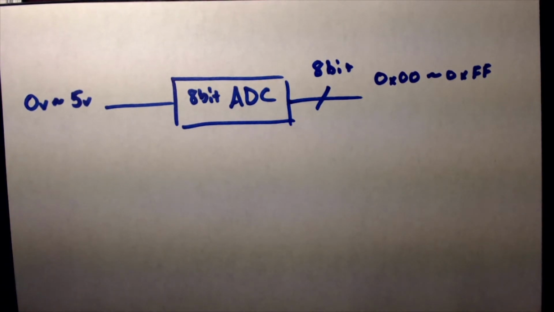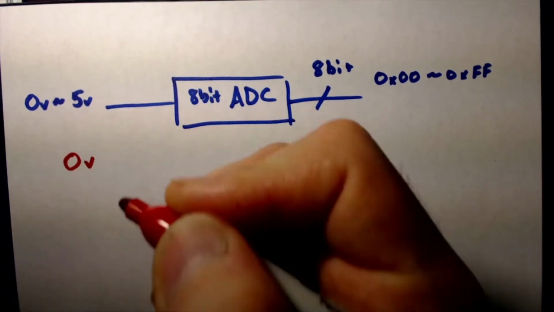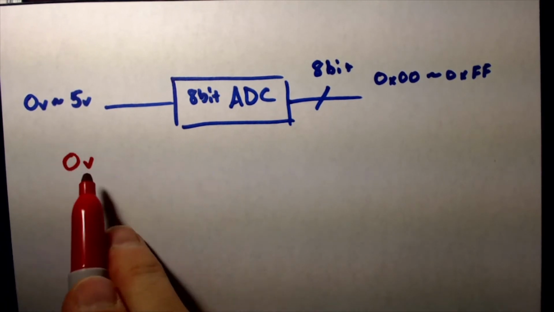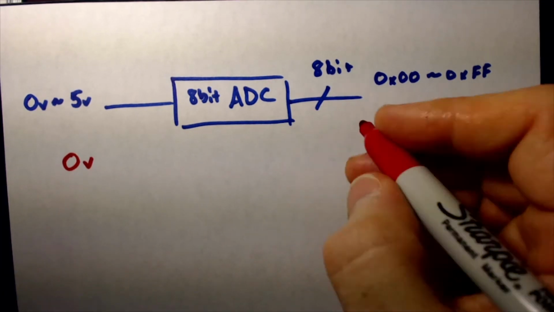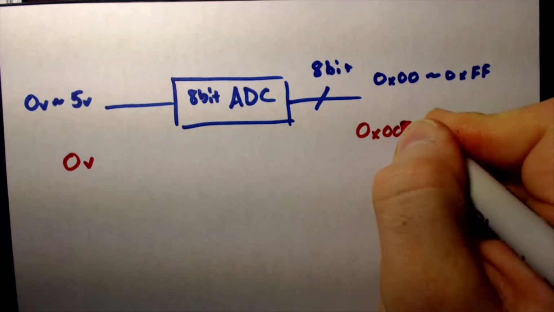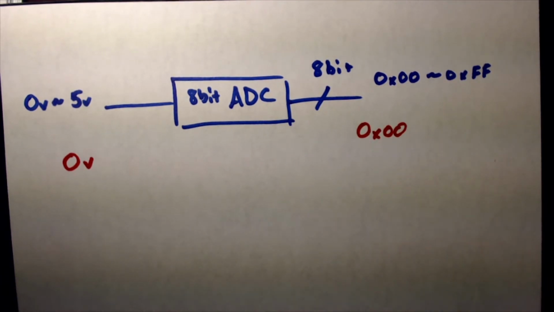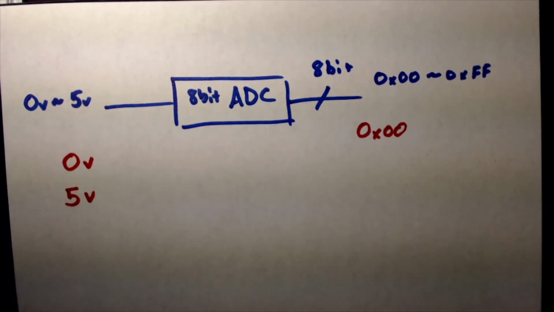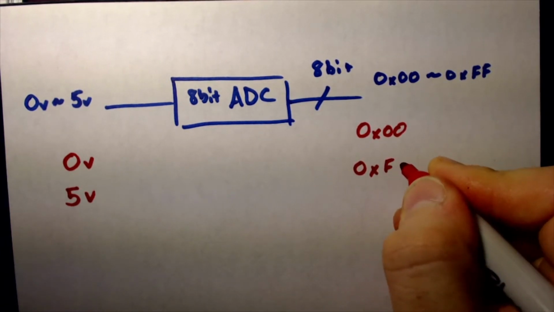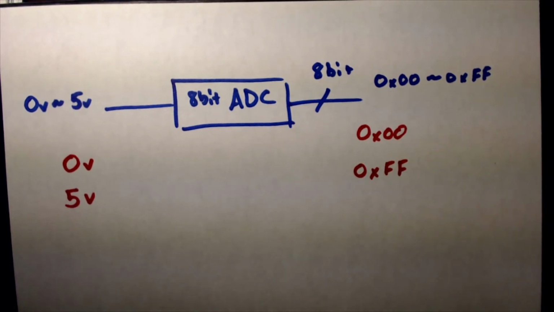Now, I'm going to start with the min and max of this, and I'll list them out below. Zero volts. What should this analog digital converter convert 0 volts into? 0x00. And similarly, the largest value of 5 volts, what should that get converted into? Well, it should be 0xFF.